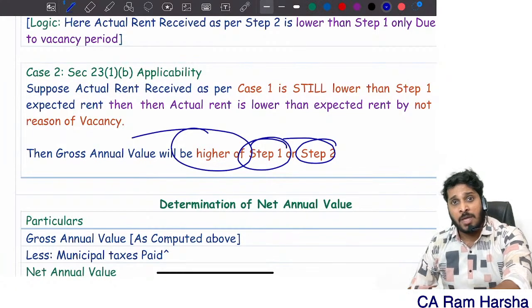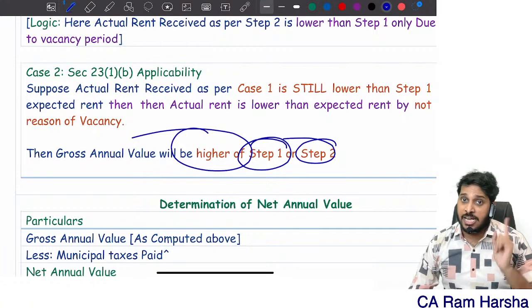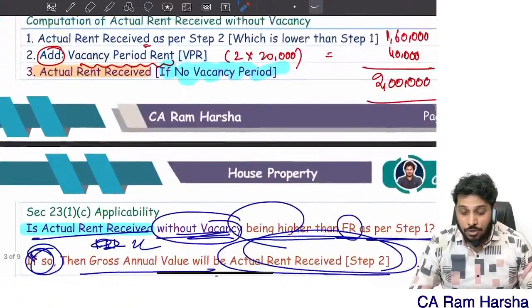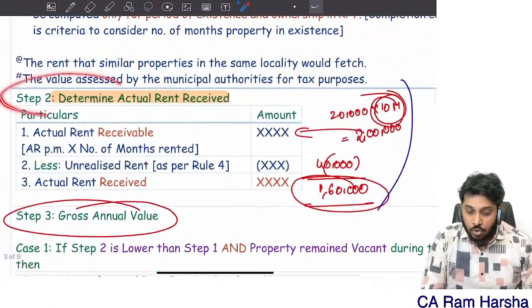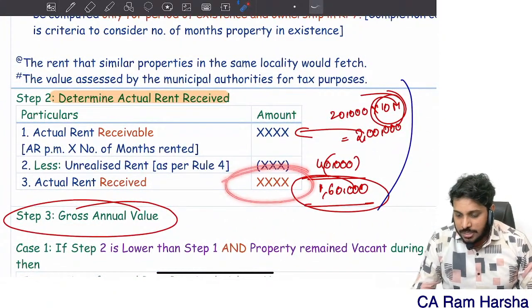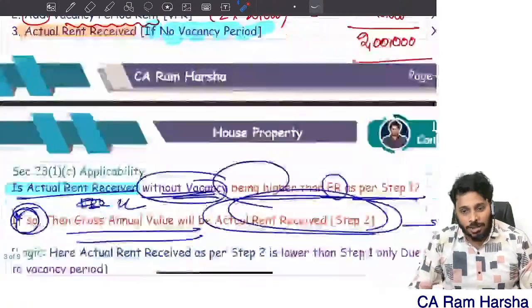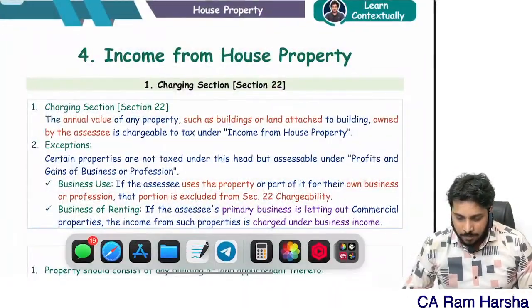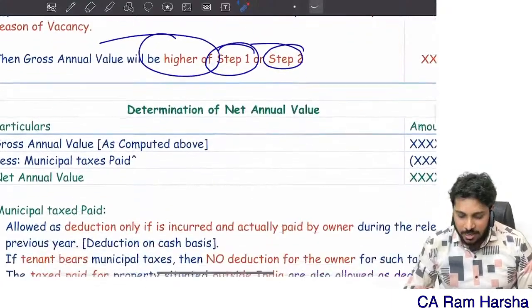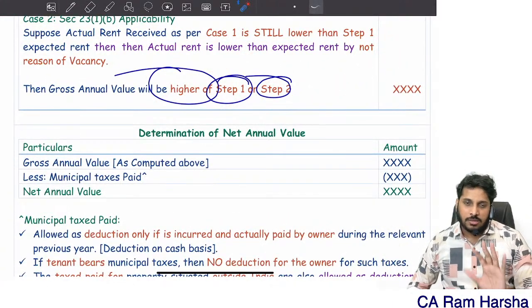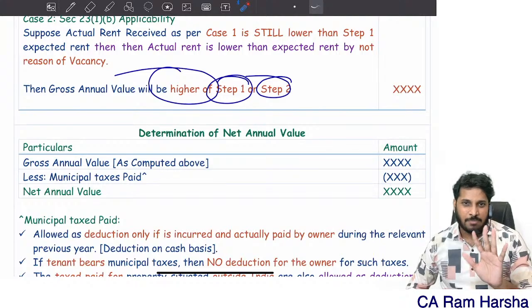That is your problem. I will tax on capacity, expected rent. Gross annual value means whichever is higher. Suppose in step number 2, actual rent is already higher than expected rent, then you need not worry about all this. Straight away whichever is higher. That's it. This is gross annual value determination.